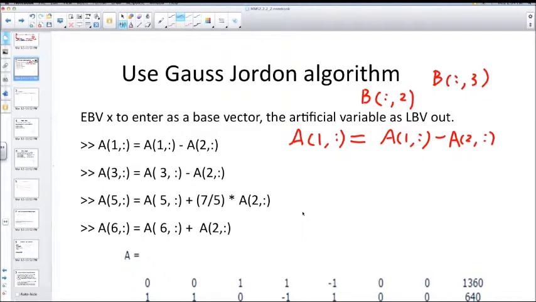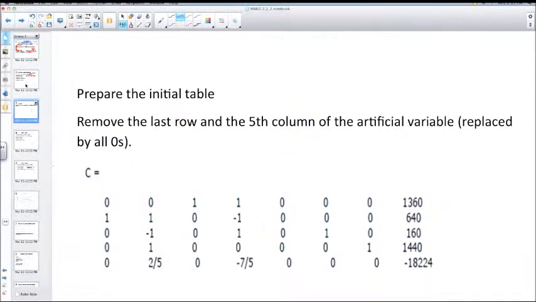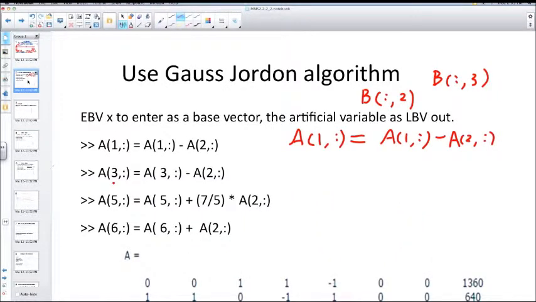That's the same idea in MATLAB. So I want to make 4 zeros. The third row equals the third row minus the second row. The fourth row needs to be the fifth row. Now the fifth row, you get this 1.4, negative 7 over 5. To make it a 0, you need to add 1.4 of the second row. And sixth row, just add.